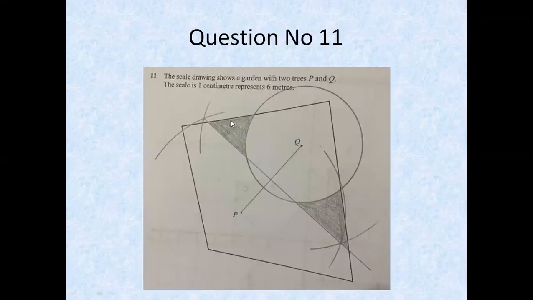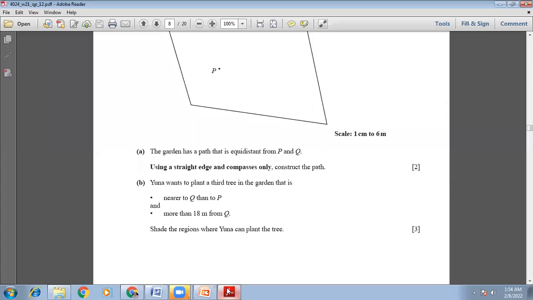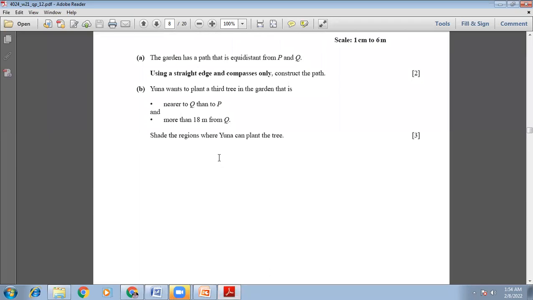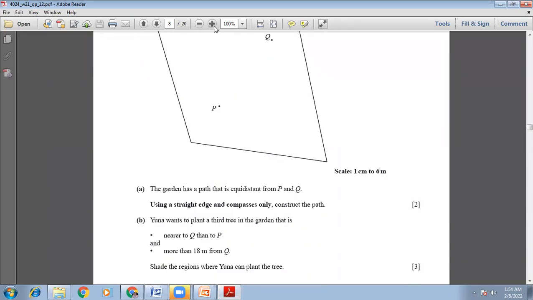You have to remain near Q, so on this perpendicular bisector you will remain on the Q side, and you have to remain outside this circle. So this area will be shaded and this area will be shaded. So this is how you do question number 11. I think you understand. So that was question number 11.